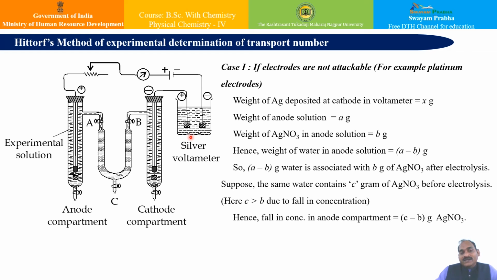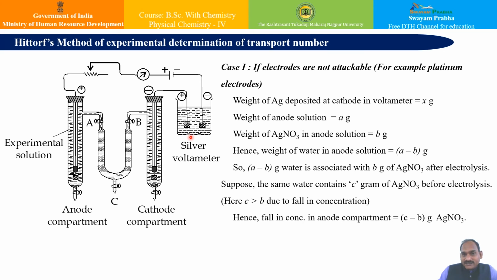Basically, in the standard procedure, firstly we fill the apparatus with the electrolyte solution whose transport numbers are to be determined. In this particular case we are studying silver nitrate solution, and therefore AgNO3 solution is filled in the apparatus. Now, this solution is standardized with a suitable reagent in order to determine the exact concentration.